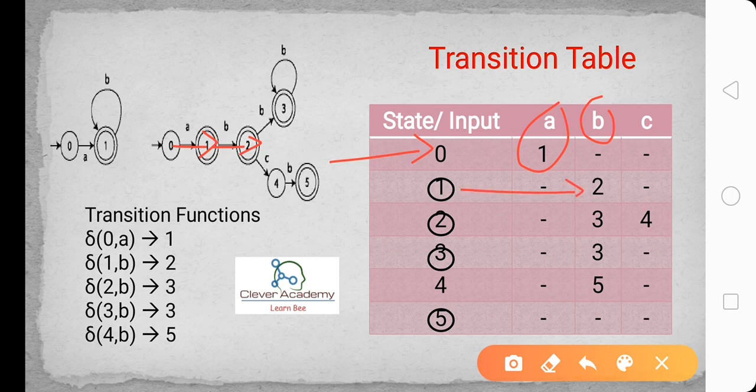From 2 on B it moves to 3, and from 2 on C it moves to 4.